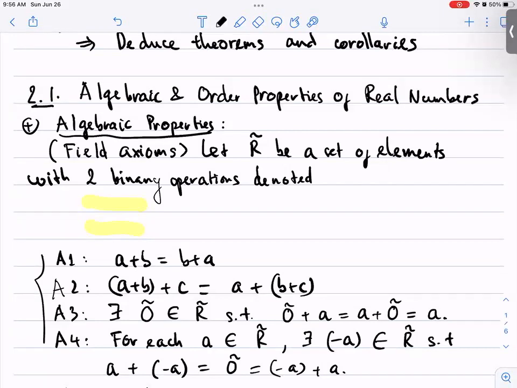So these are the algebraic properties and they are called the field axioms. Let R tilde be a set of elements with two binary operations denoted by the following symbols.